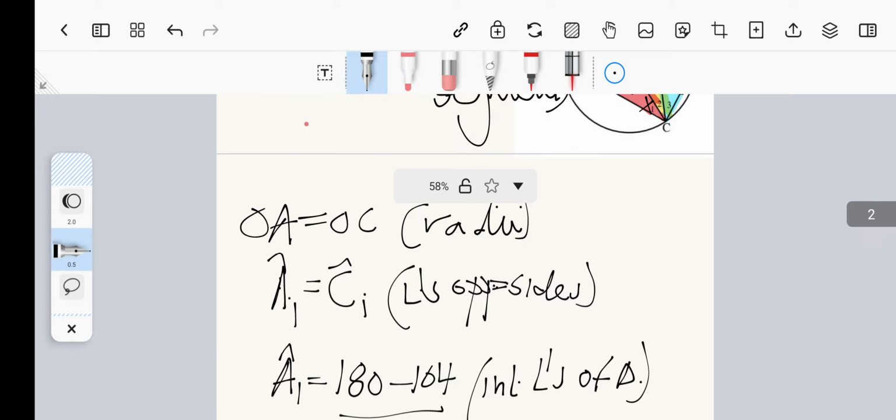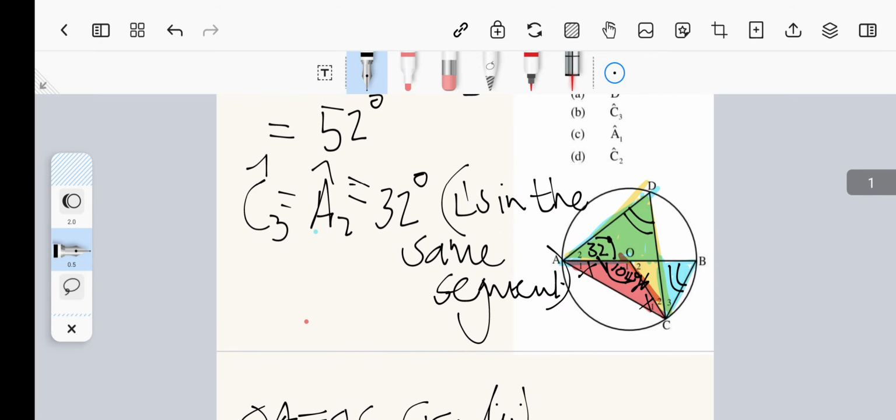Let's go back to our picture. Next they want C2. C2 is this small angle over here. So how are we going to find C2? We already know C3, we've proven that. We already know C1, we've proven that.